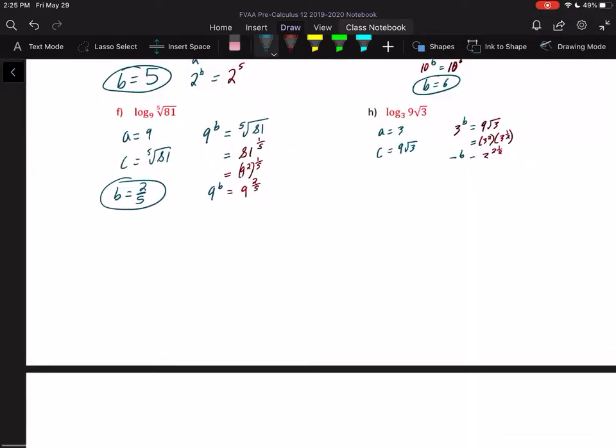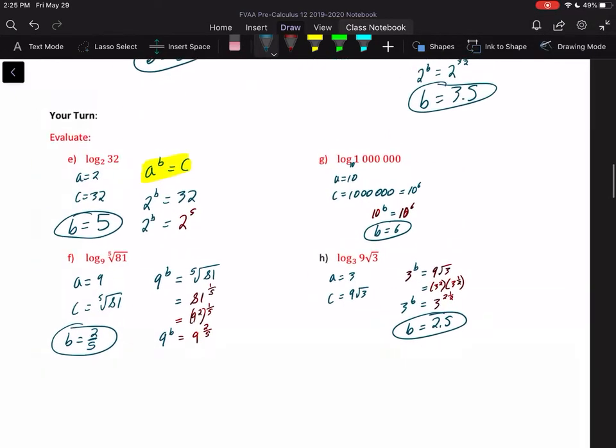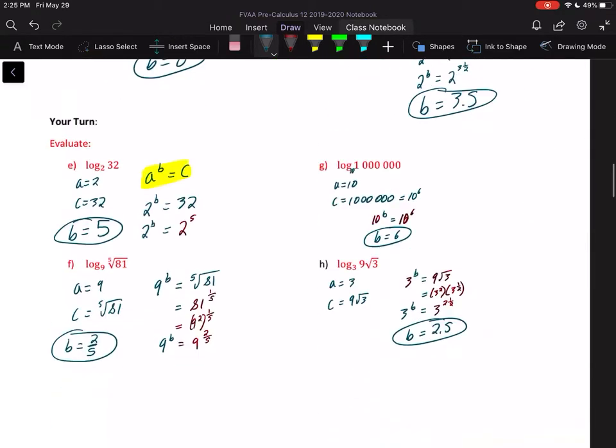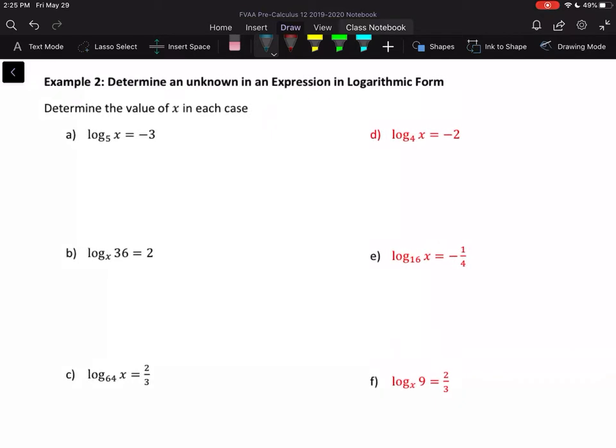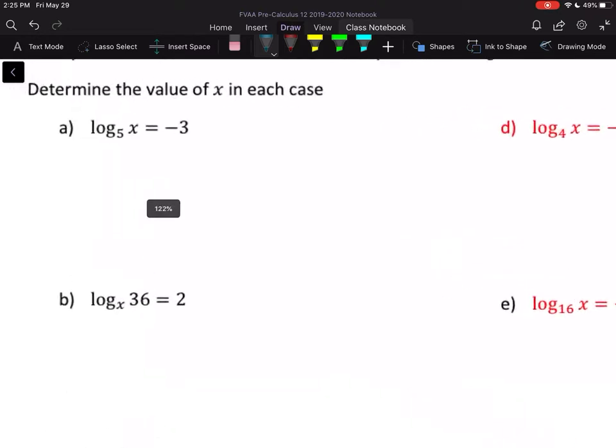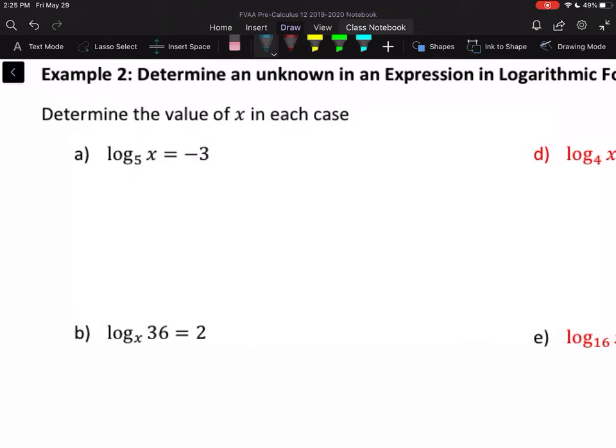All right, good. Hopefully that went well for you. Rewatch anything that you might not have gotten correctly. All right, and let's go to other examples here. Again, determining the value of x by converting between logarithmic form and exponential form. So again, here now I have my a value is 5. My b value is -3, and I don't have my c value, right?